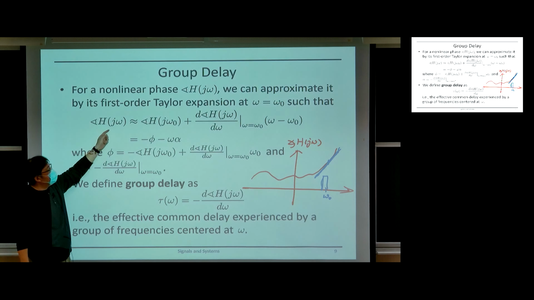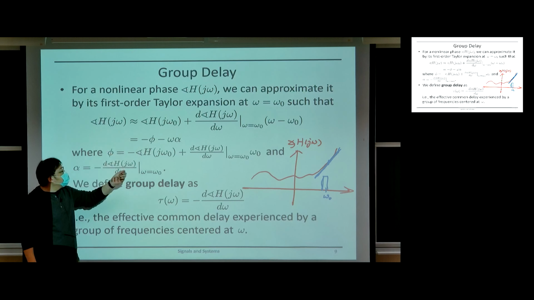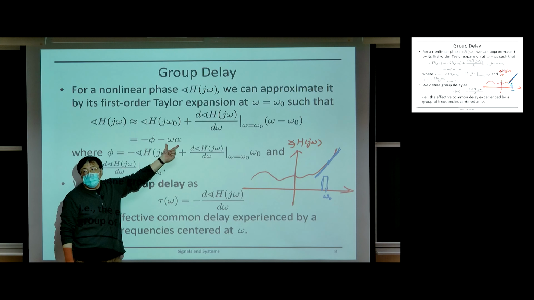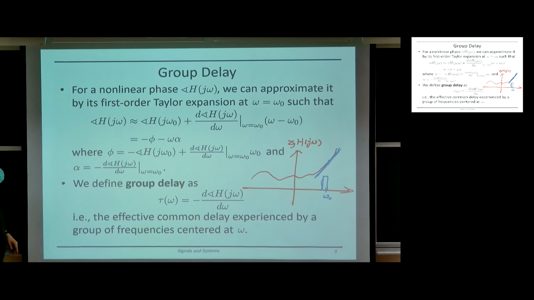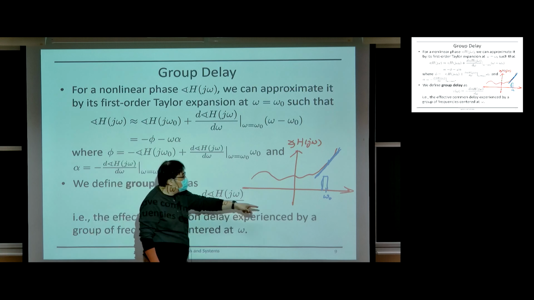So according to this first order Taylor approximation around omega naught, you can see that the frequency omega naught experiences an approximately linear phase shift that scales by alpha. When you have a phase that scales with alpha, which is T0 here, this means that the phase shift is causing a delay of alpha to the frequency component around omega naught.